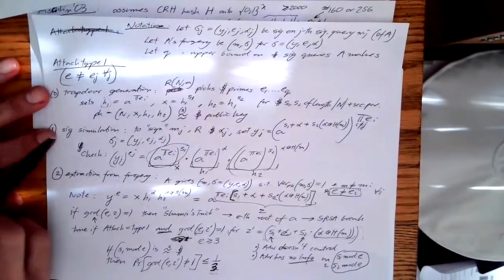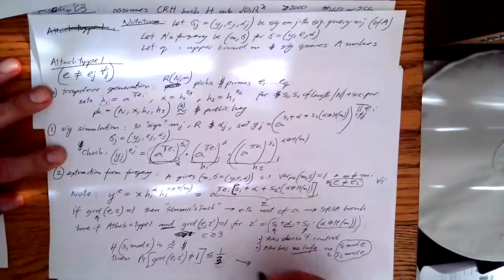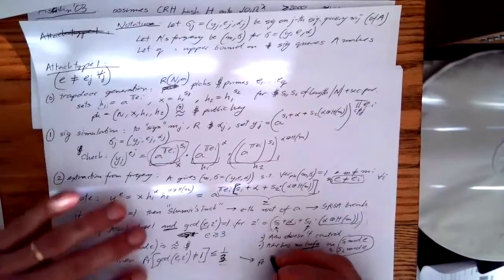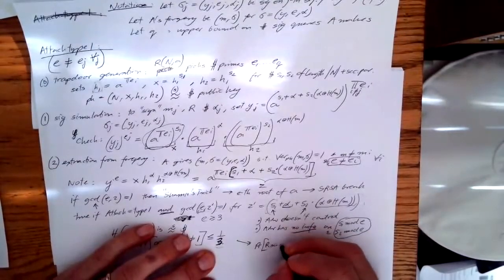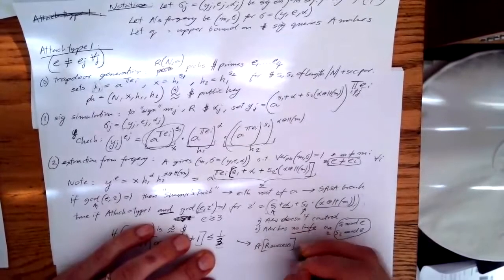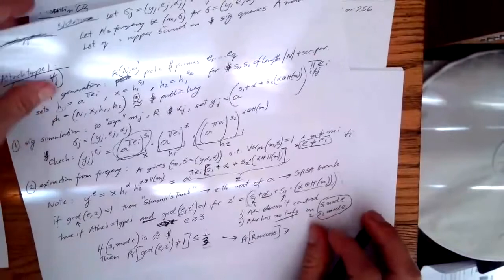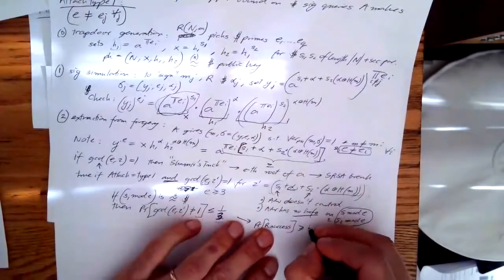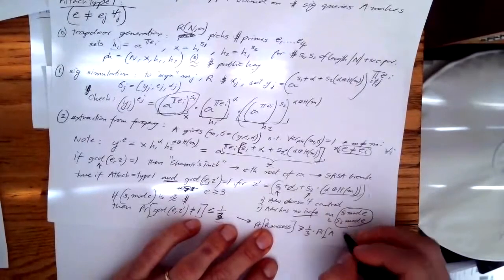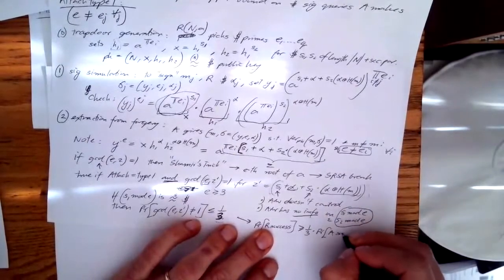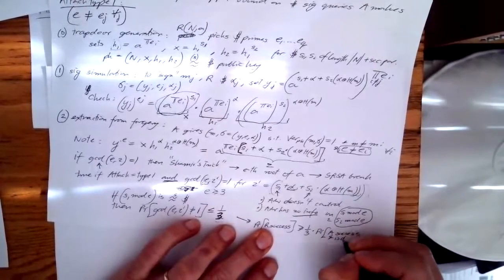Then, for this reduction, the probability that we are successful is at least 1/3 times the probability that A succeeds and is of type 1.